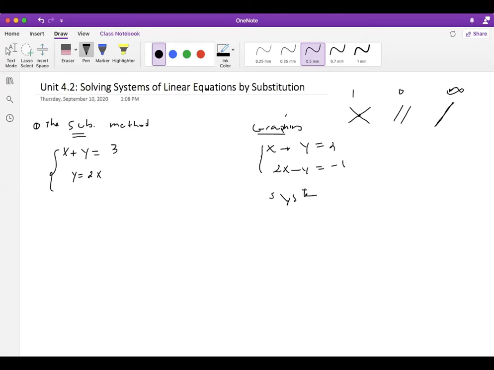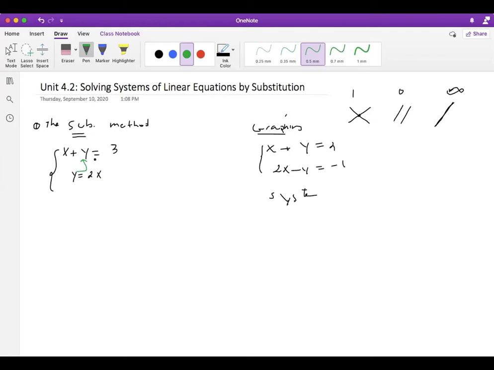And first we need to understand, substitution means to replace something, substitute something with something else. In terms of linear equations and systems, what we mean by that is you go to one of the equations, usually the one that has a variable by itself, for example here y. You take that variable and you substitute it in the other equation.